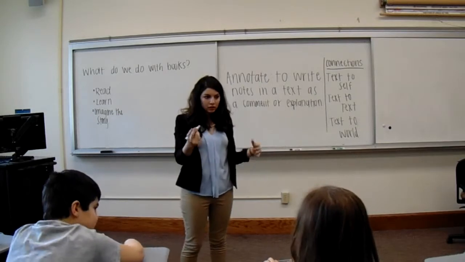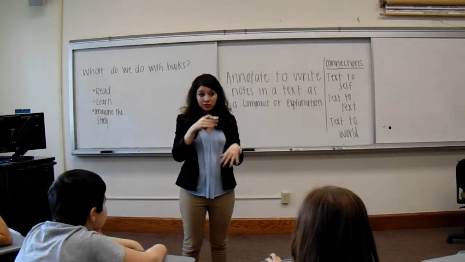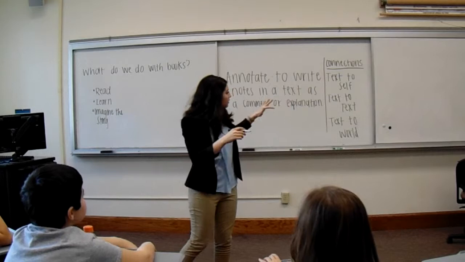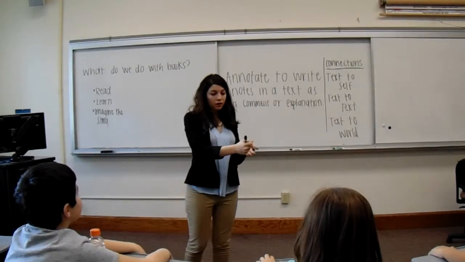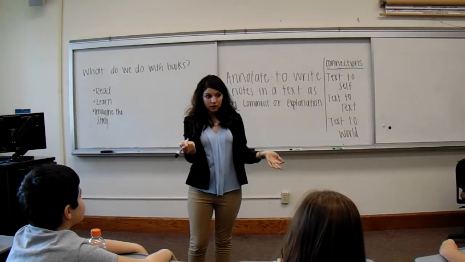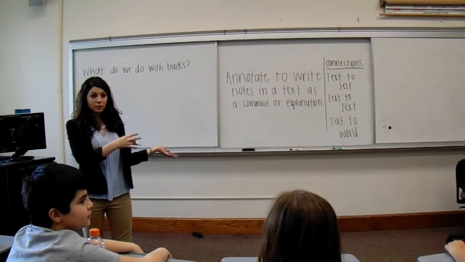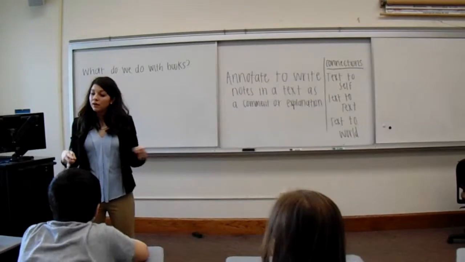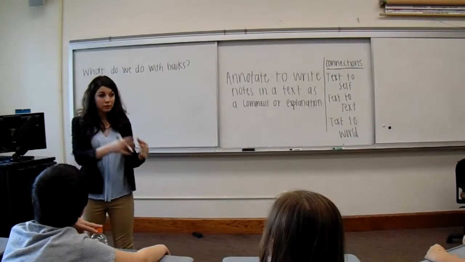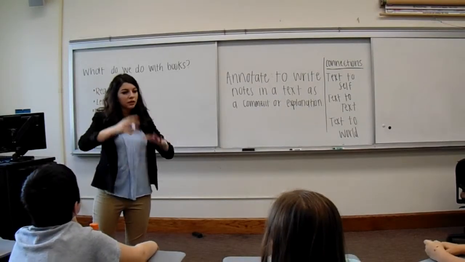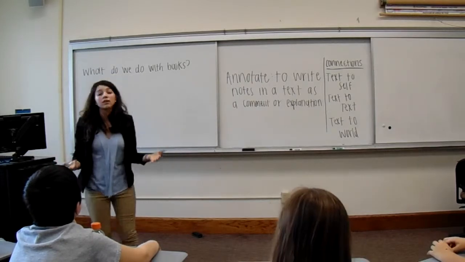Maybe I like to use colored pens so I can see different kinds of connections. And you write in your book, oh, this part of the mystery reminds me of The Westing Game. Then let's say you're taking a test on Nancy Drew, and that part of the book comes up. It'll help you remember the fact that that part reminded you of The Westing Game. So when you're making those connections, it's going to help you understand a lot deeper.